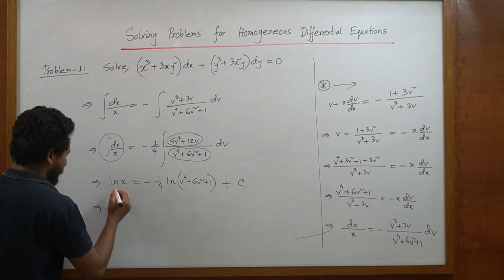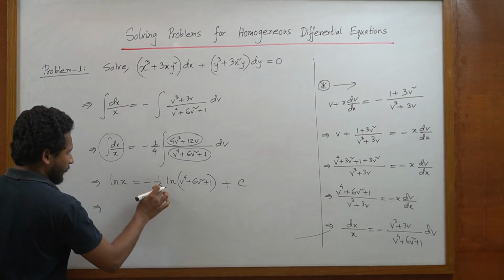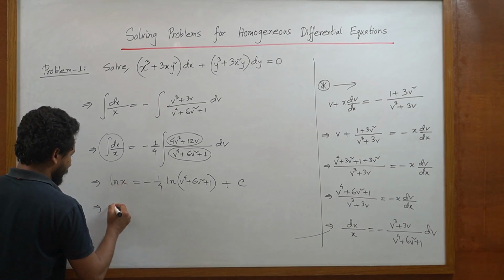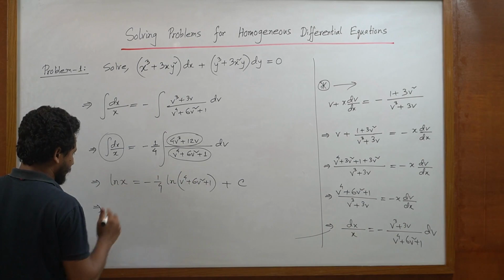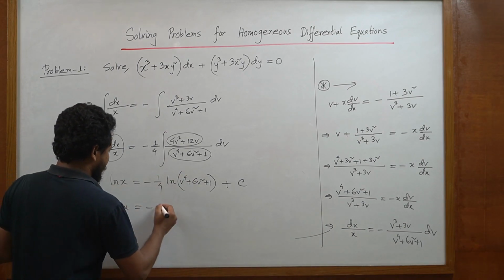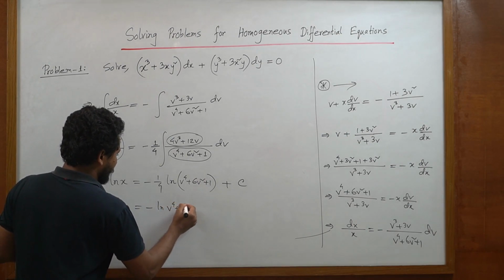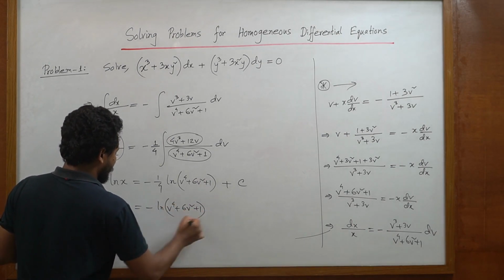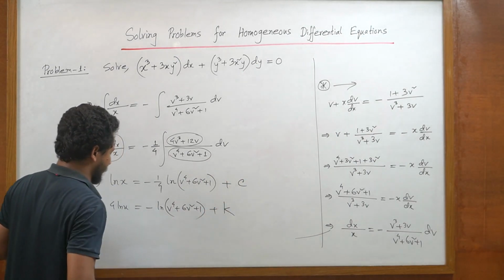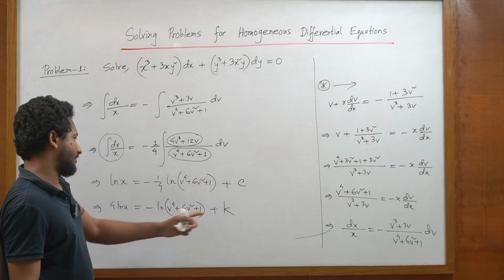Now we will multiply by 4 and the 1/4 will vanish. 4 ln x = −ln(v⁴ + 6v² + 1) + 4c, which will be another constant. We will write it as k.